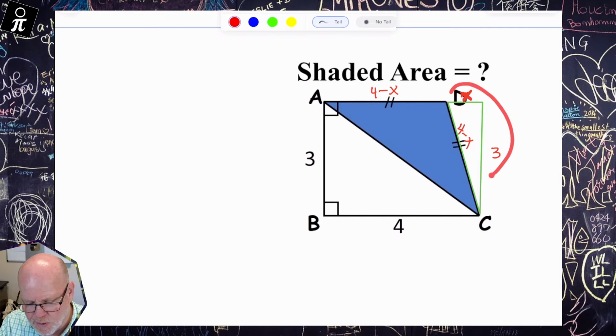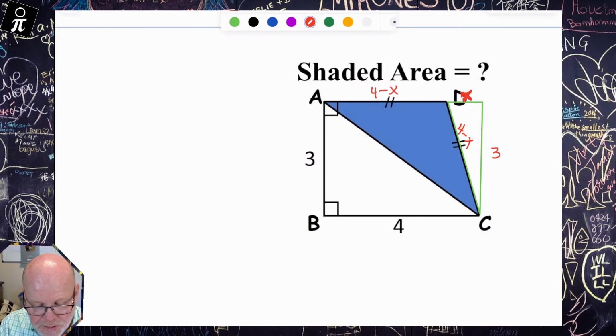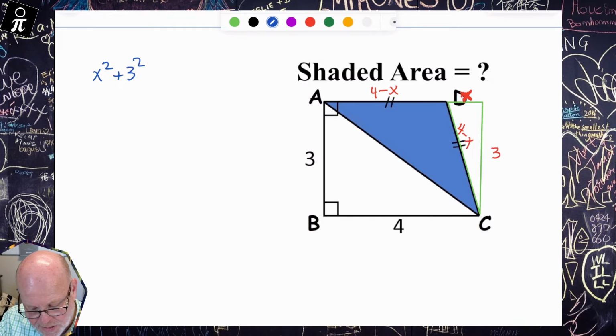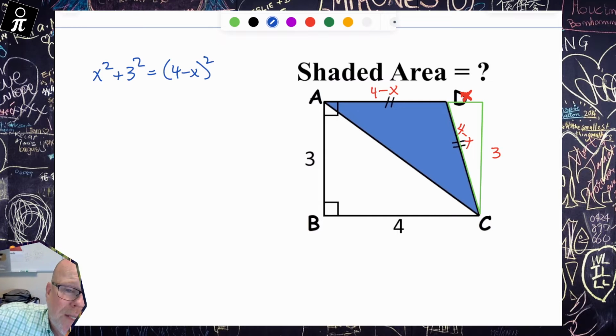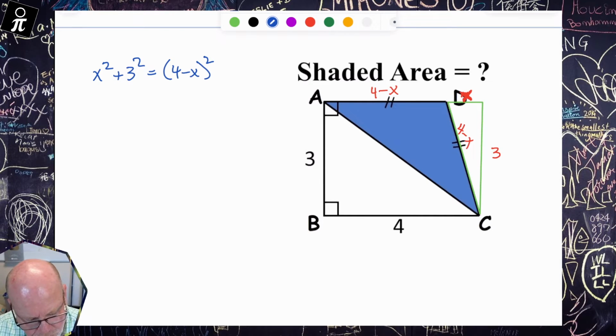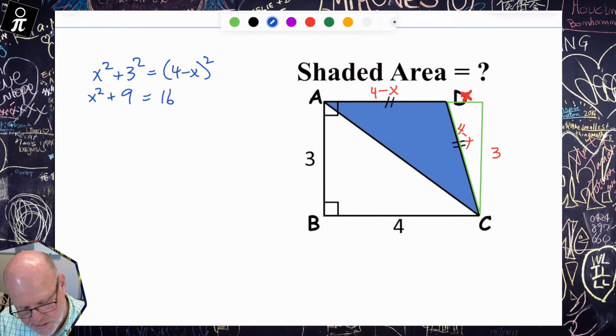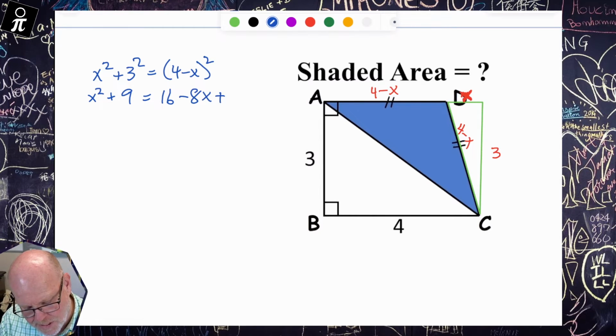So right here we've got a nice little Pythagorean theorem we could do. We've got x squared plus 3 squared is equal to (4 minus x) squared. Let's see if we can get the value of x to fall out into our laps. So we've got x squared plus 9 is equal to 16 minus 8x plus x squared.